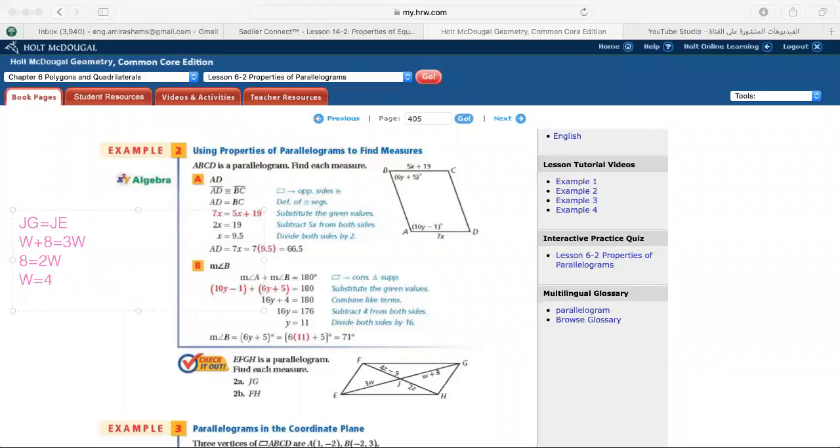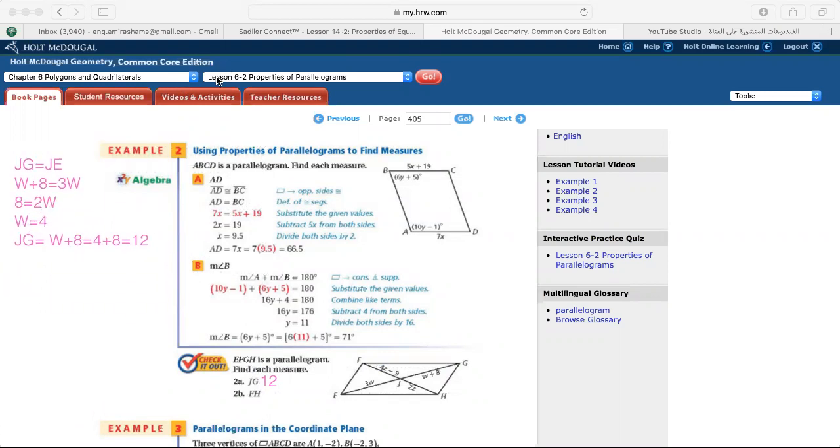So JG is equal to W plus 8, which is equal to 4 plus 8, which is equal to 12. So JG is equal to 12. This is 2A.